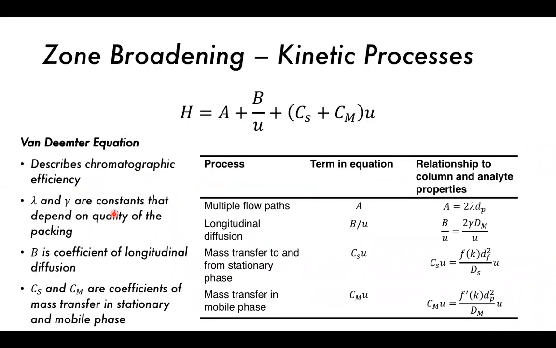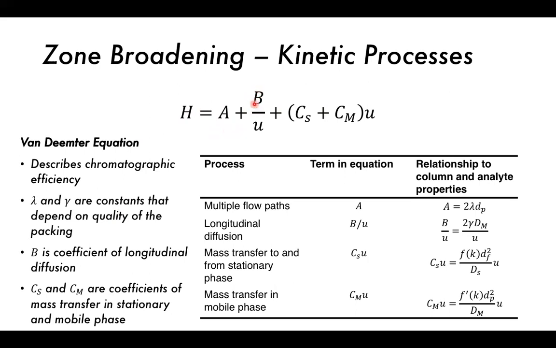So one of the things that can happen is our kinetic processes, which happen within the chromatography column, and the efficiency can be described pretty well by the Van Deemter equation, where we have H, the height, related to A, which is the multiple flow paths. Whenever we have the bed of the stationary phase, there are going to be multiple different paths that it can take around the particles.